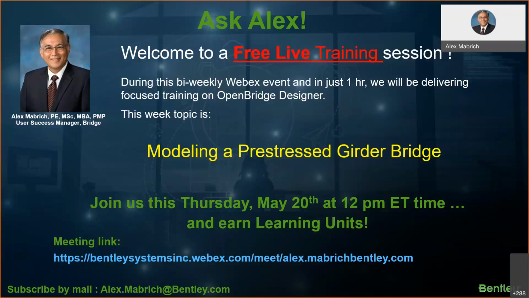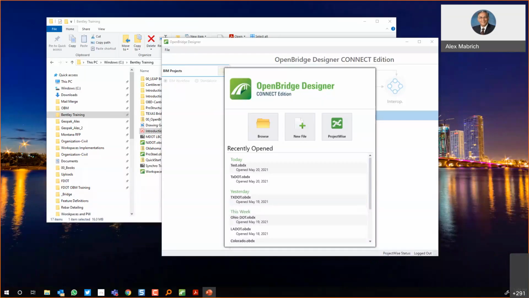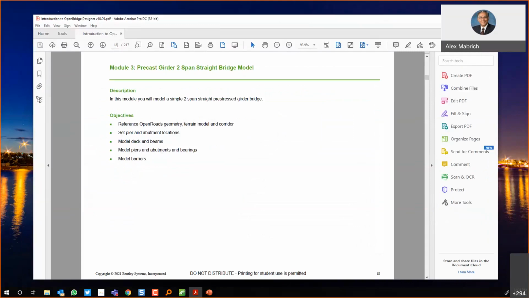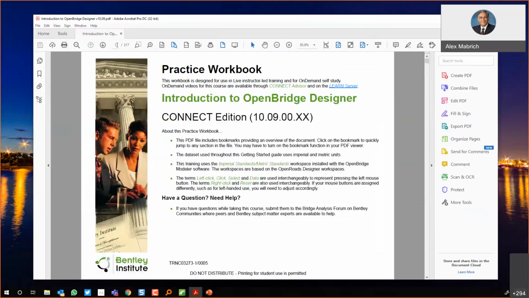So here we go, right? So now what we need to do, again, I am following this training guide that I gave to you, right? I provided you the link of this, or you can just download it from the Learner server at Bentley. It's Introduction to OpenBridge Designer, right?